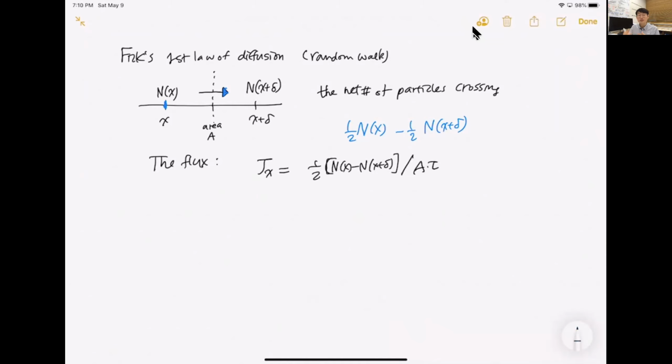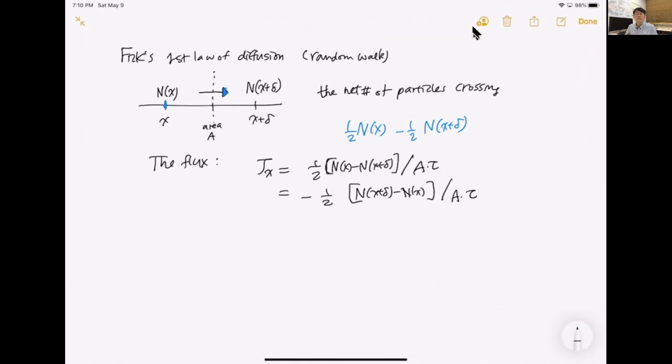And we usually write nx plus delta minus nx, so I just rearrange this: minus 1/2 (nx plus delta minus nx) divided by area and tau.